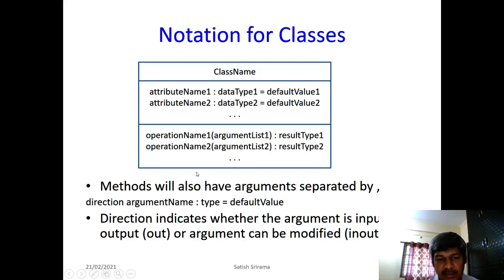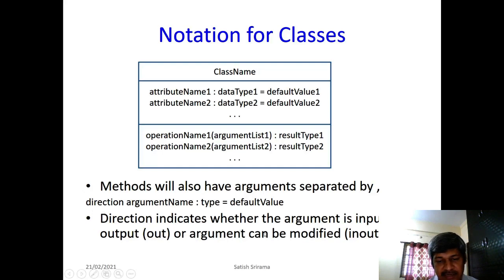Methods will have these sort of arguments. Within the argument list, they will be separated by commas. An argument will have a direction, an argument name, its type, and it can also have a default value. The direction is interesting in this class notation.